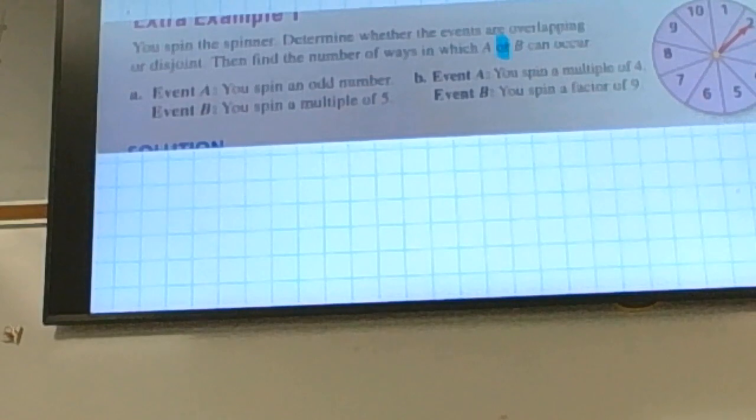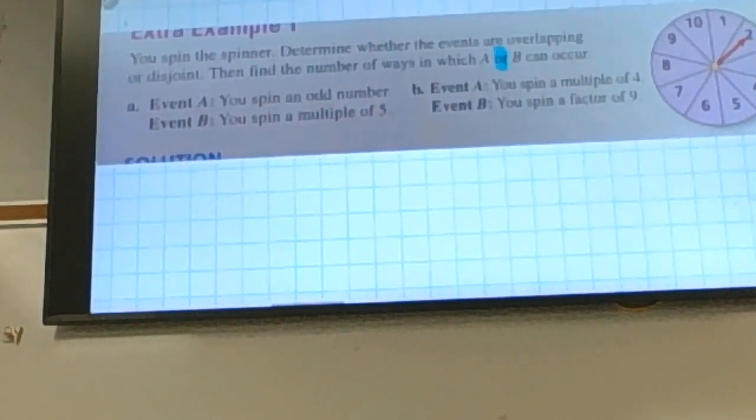Alright, so I'm going to go with A. Spinning an odd number. Odd is 1, 3, 5, 7, 9. I'm going to go with B. A multiple of 5. That's just 5 and 10.